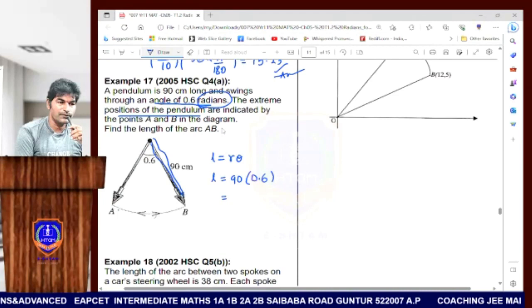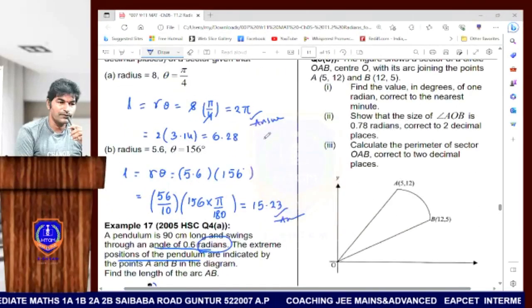Radians means general numbers. There are two types of measurements, degrees and radians. Radians means general numbers like 1, 2, 3, 4, and degrees is the circular measurement. Look at the previous example. He gave that angle in degrees, 156 degrees. How do you identify it was in degrees? On the top of that number, you can find a small circle.